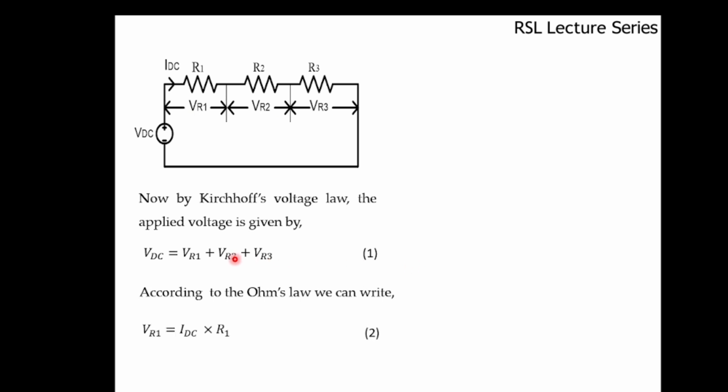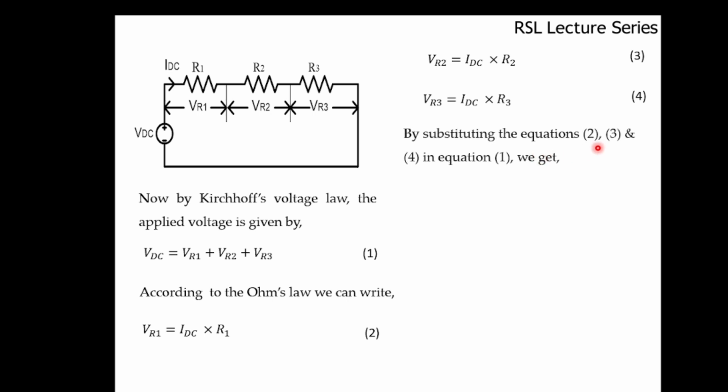Again, by using Ohm's law we can write VR1 is equal to IDC into R1. Here IDC is the current flowing through all the resistors, so it will remain the same. Let this be equation number 2. Similarly, we can write VR2 and VR3. Now VR2 is equal to IDC into R2 and similarly VR3 is equal to IDC into R3.